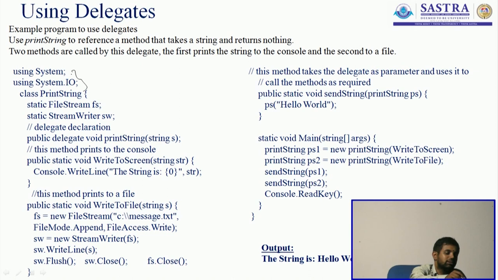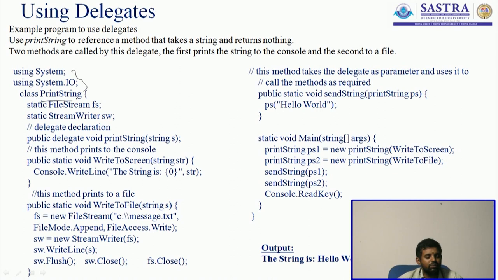Then we have the class called PrintString, which is available with us, right? Then we are creating an object instance of the FileStream class, which is fs, right?